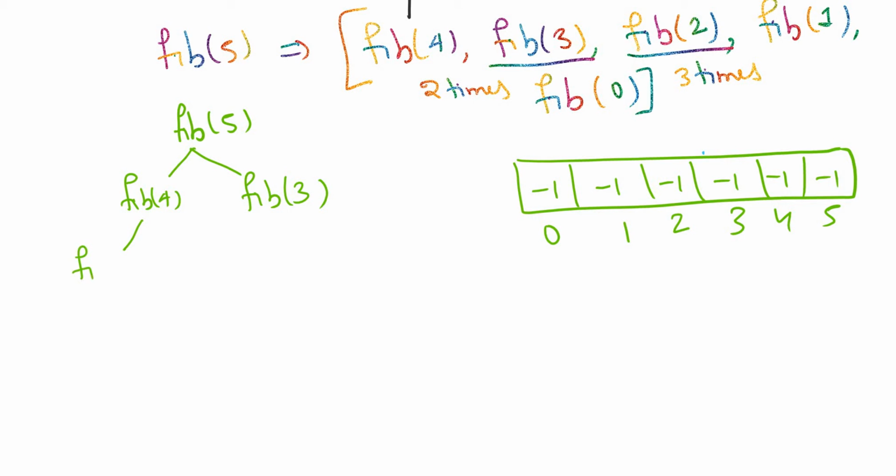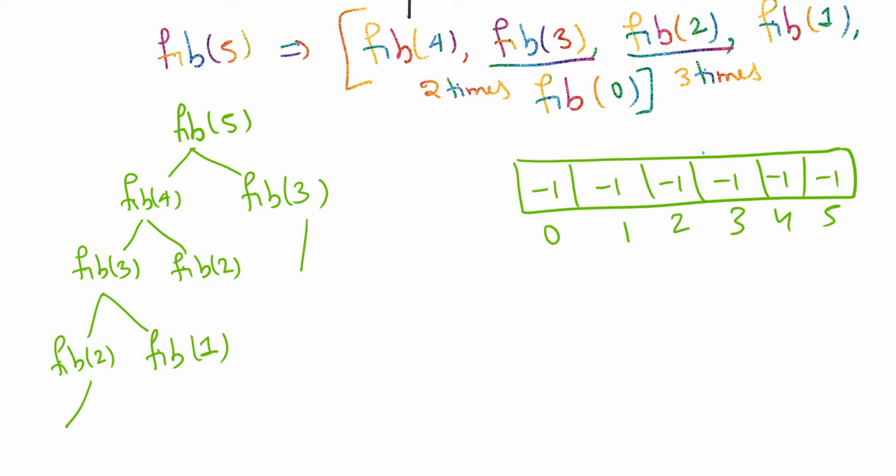Fibonacci of 4 will call Fibonacci of 3 and Fibonacci of 2. Fibonacci of 3 will call Fibonacci of 2 and Fibonacci of 1. This Fibonacci of 2 will again call Fibonacci of 1 and Fibonacci of 0.